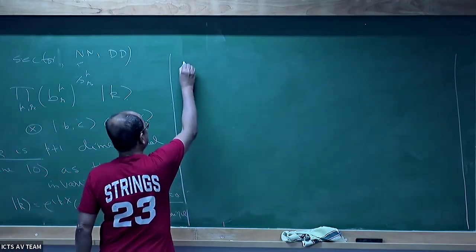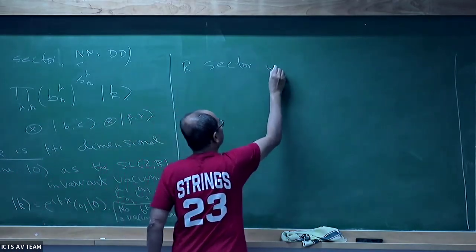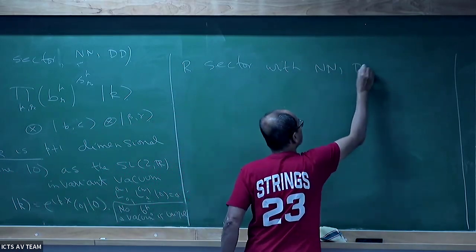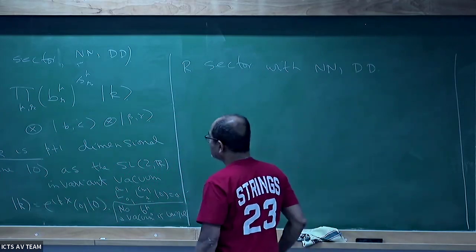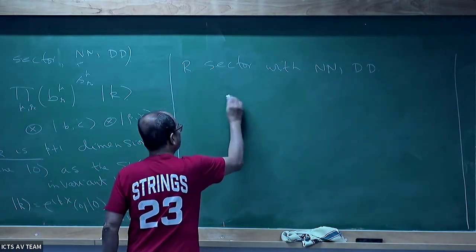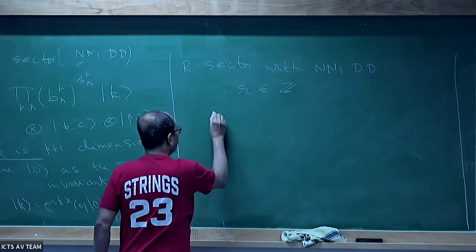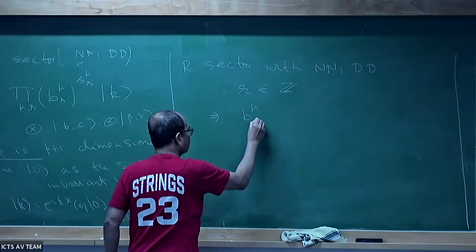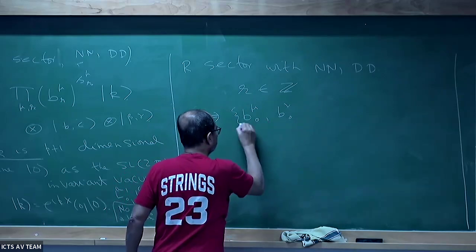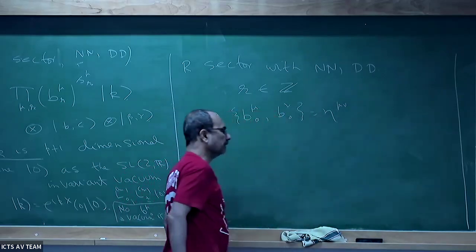So in the Ramond sector, with NN and DD, r is integer, which means that there are b mu zero modes, and they have the standard anti-commutation relation.